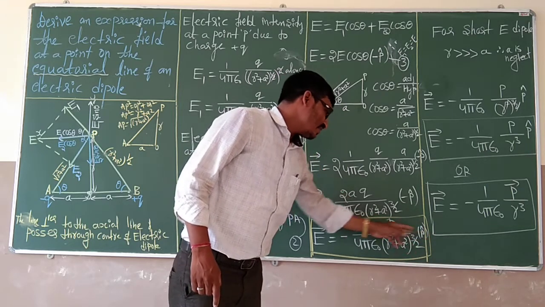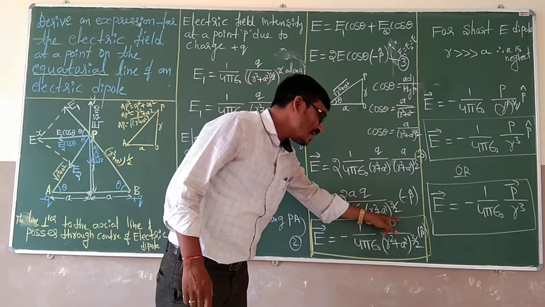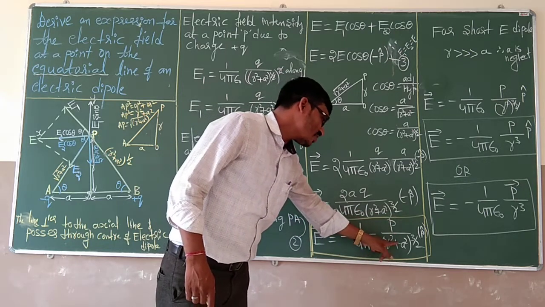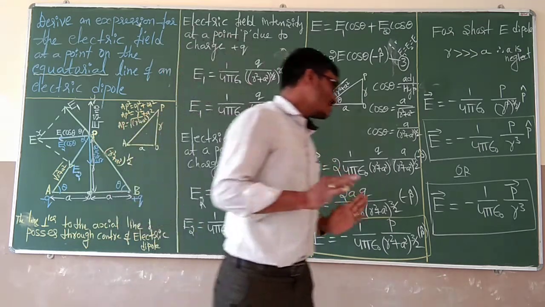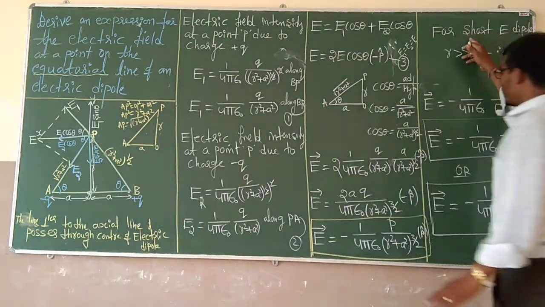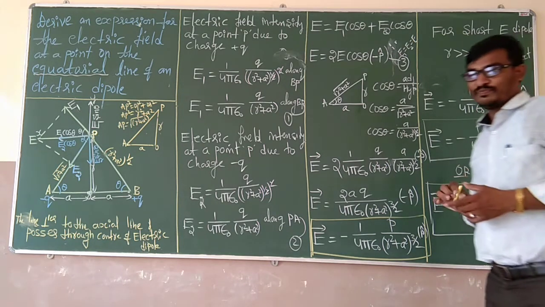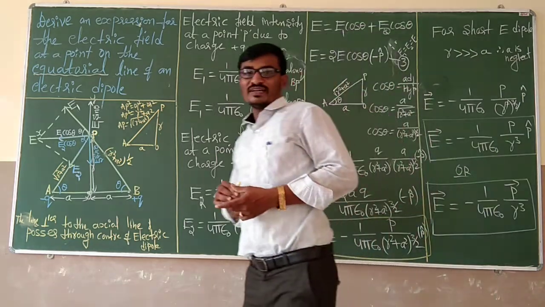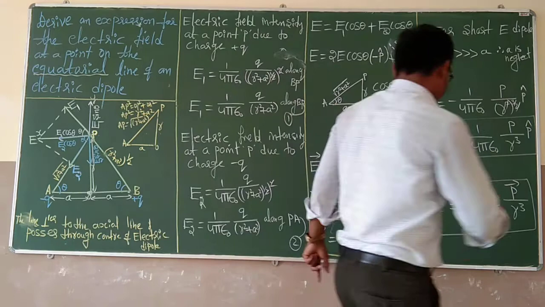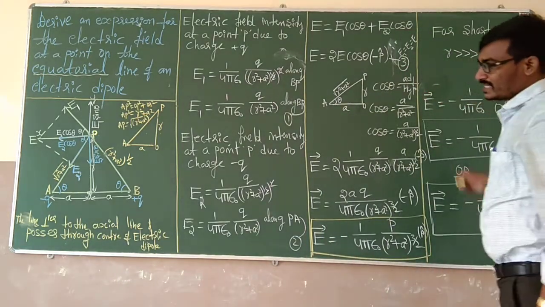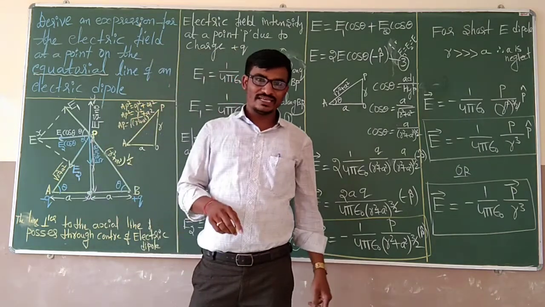In place of P cap, you can write E vector is equal to minus 1 by 4 pi epsilon naught, P vector divided by (R square plus A square) whole to the power 3 by 2. Writing up to that value is enough. Otherwise, derivation up to the short electric dipole is also fine. This is very important for 5 marks in the PU board. Clear? Why has the negative sign come here? The resultant electric field is opposite to the dipole axis.